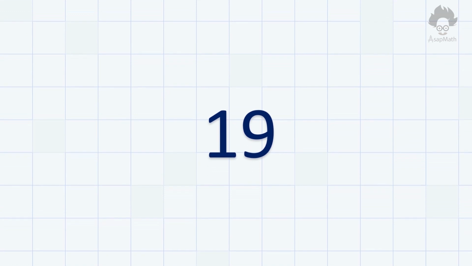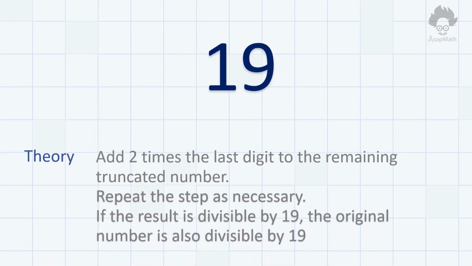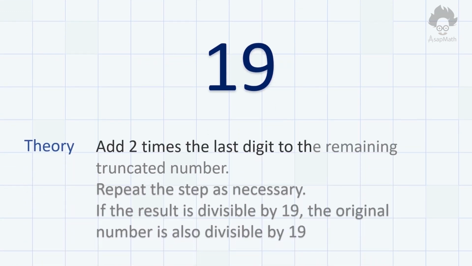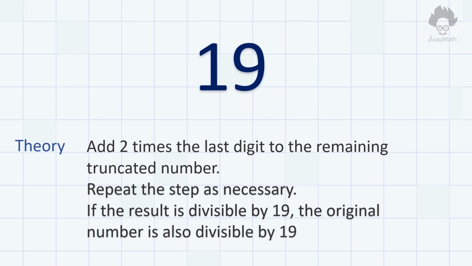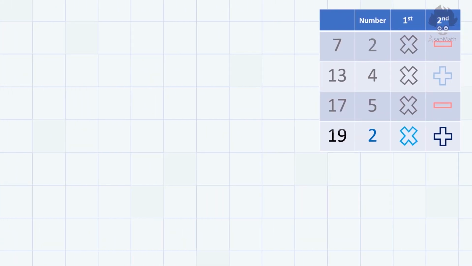Next number is 19. Add 2 times the last digit to the remaining truncated number. Repeat the same step as necessary. If the result is divisible by 19, the original number is also divisible by 19. We will consider few examples to understand the concept.